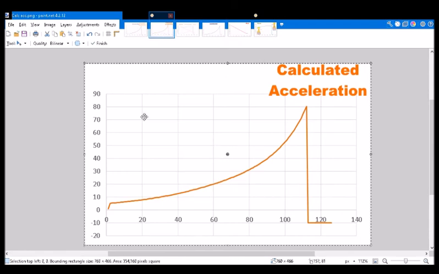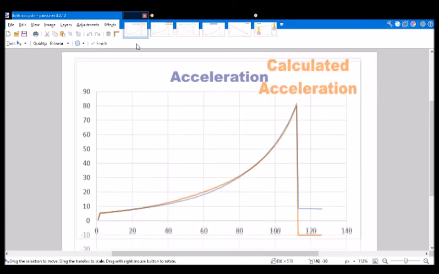Here it is. And in my calculation, I took care of the deceleration of the rocket; I made the deceleration negative. Now let's overlay both of them together. The blue one is the actual acceleration, and the orange is the calculated acceleration.